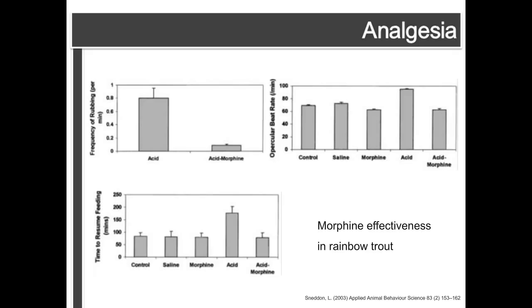So morphine seems to be effective in rainbow trout, because after injecting some acid in the rainbow trout lips, the frequency of rubbing, the opercular movement, and the time to resume feeding increased. But when morphine was added, these behaviors all decreased to control levels.